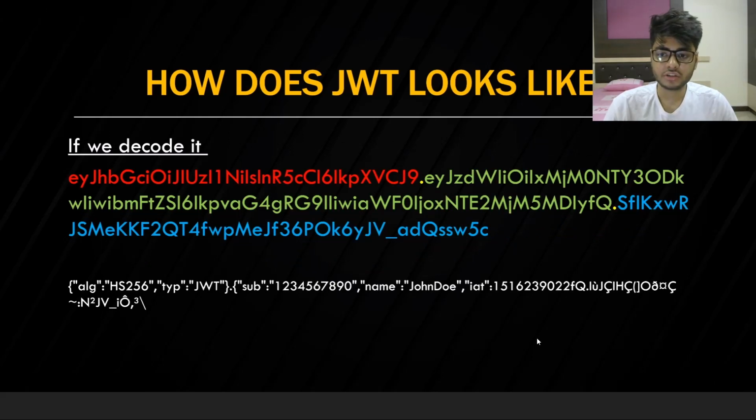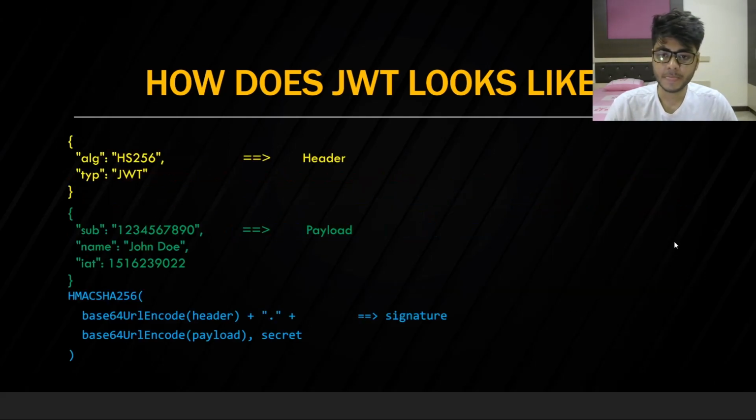If we decode it, it looks something like JSON data. In this first part we have the algorithm, then the type, and then the payload, which has sub, name, then iat, and the signature, which we obviously can't understand. It actually looks like this.